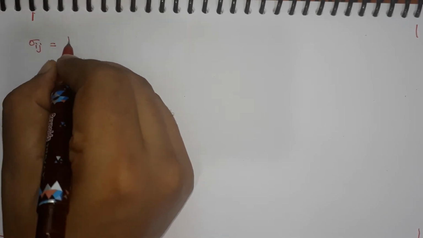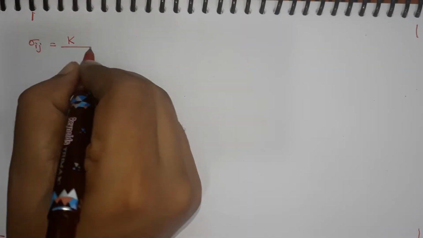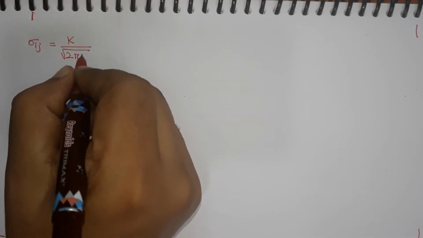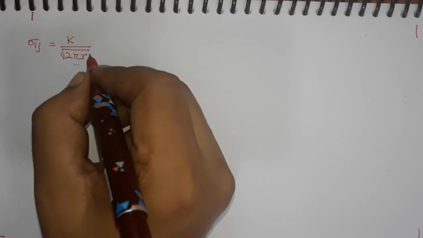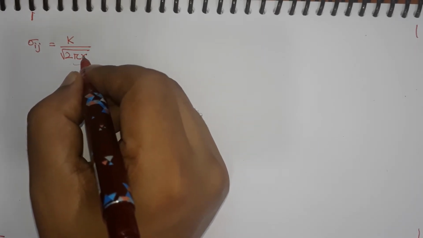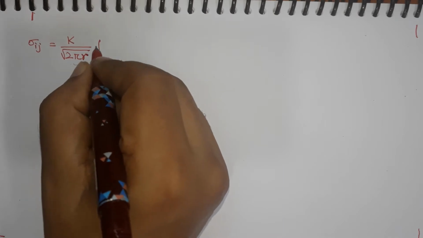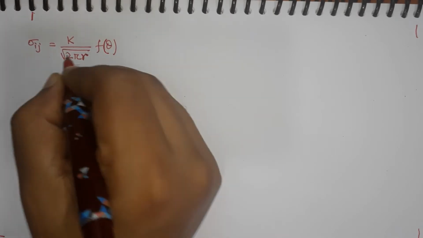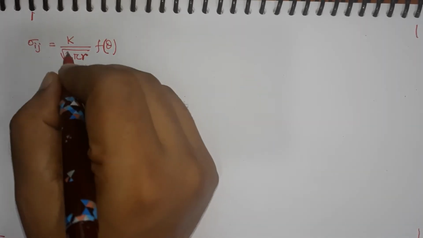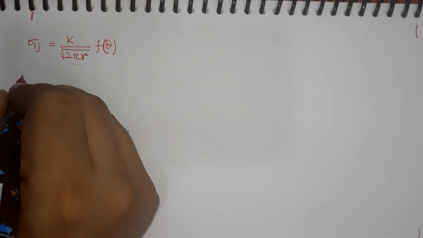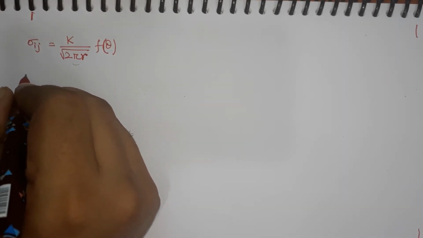So, in the last lecture we saw that Irwin's formulation can give a parameter which can describe the stress intensity at the crack tip if you know the location, which is the distance from the crack tip, which is r, and if you know the angle, then you can calculate the stress, and you must also know how much stress is applied on the system.